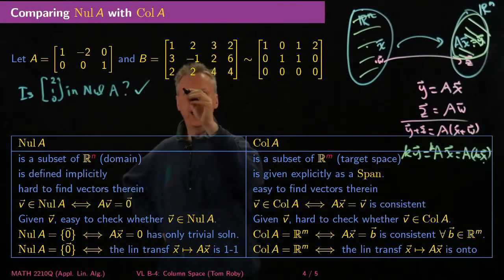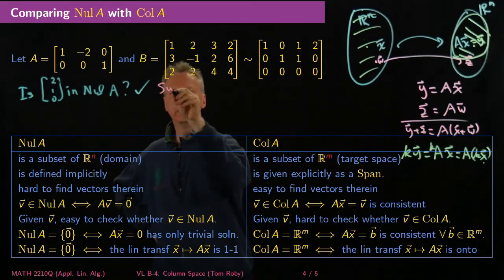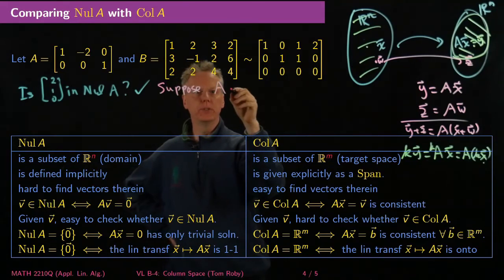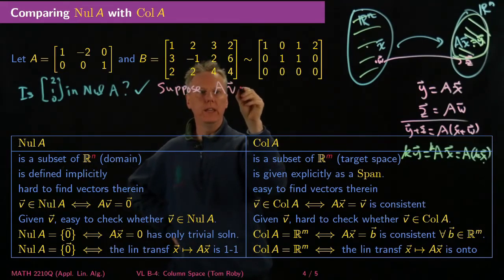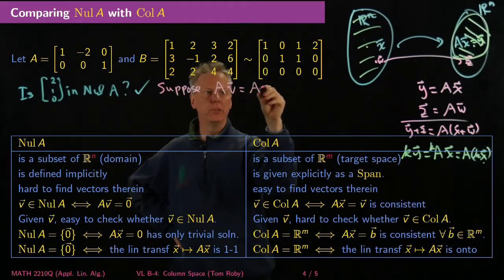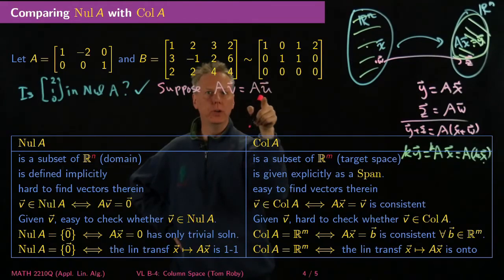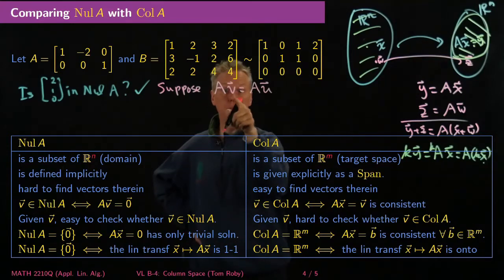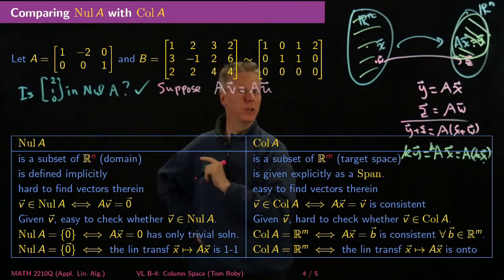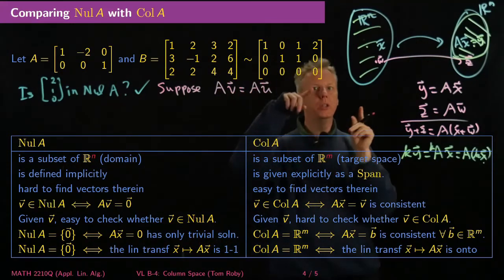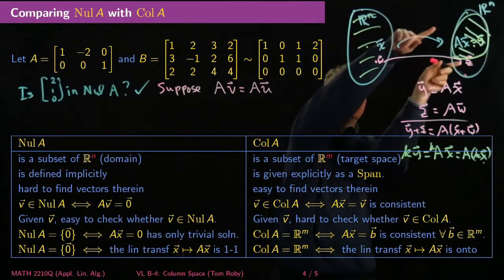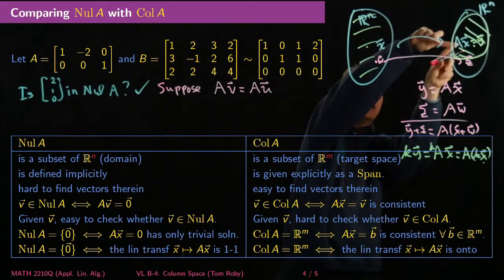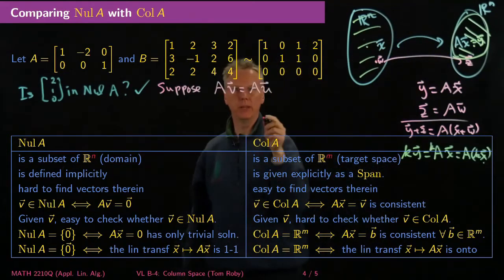So suppose that A times V is equal to A times U. That I've got two vectors, U and V, and they go to the same place. Then I want to show that U and V had to be the same to begin with, right? Because what 1 to 1 means is that different things here go to different things there. And so I'm saying, suppose I had U and V and they both went to the same thing, I want to claim they had to be the same to begin with, right?